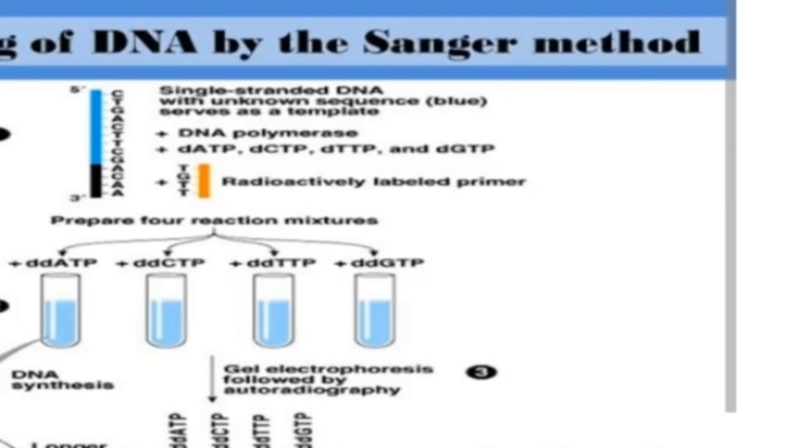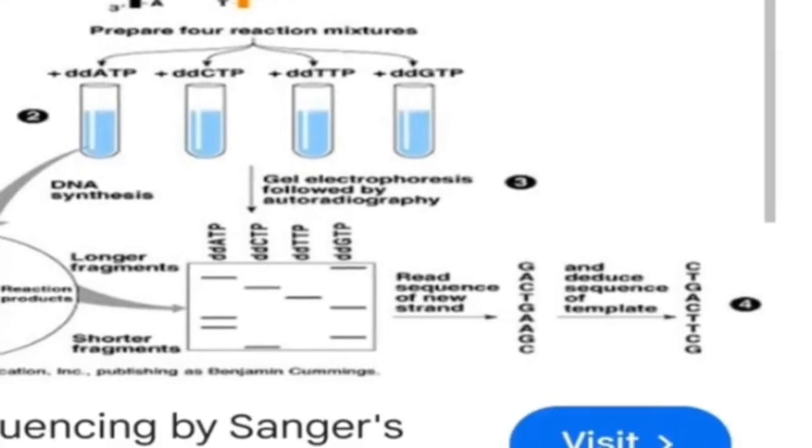That primer is what enables the polymerase to attach and start synthesizing the growing strand. So all this one now, the dideoxy, is where they will terminate. Each of the nucleotides has its own dideoxy, so that once the polymerase encounters any of the dideoxy, the chain will terminate. So with that, you can have different fragments of it.